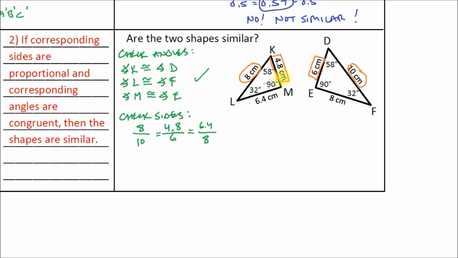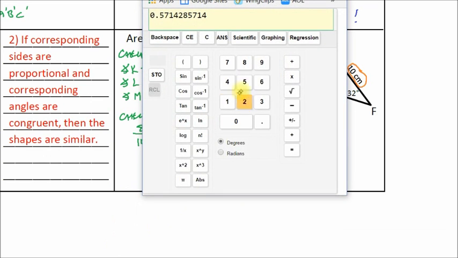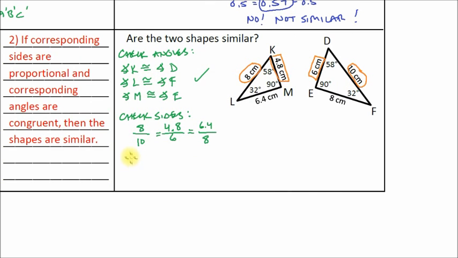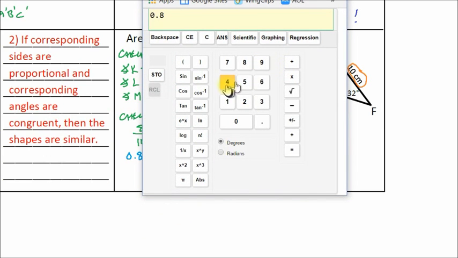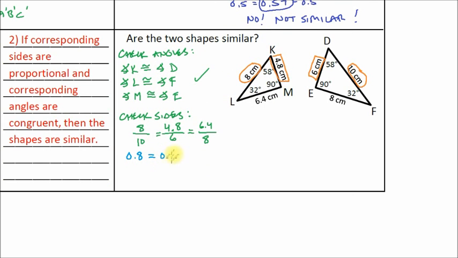All right, let's check these in our calculator. So let's do the first one. 8 divided by 10 equals 0.8. These all better equal each other. 4.8 divided by 6 is exactly 0.8. So far so good.